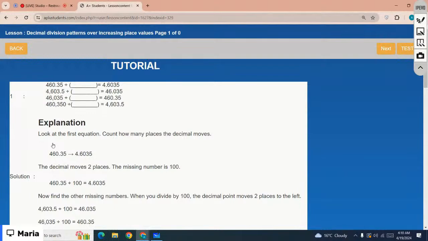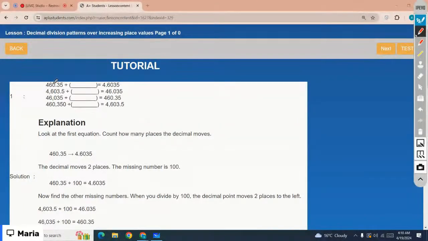460.35 divided by what number equals? You just have to understand the movement of the decimal point, right? Just look here, right? The decimal point moves from here to here. That means it must be divided by 100 because the decimal point moved two places left, right? Here again, look at this one and this one. The decimal point moved from here to here. Again, two places left. That means that must be divided by 100, right?